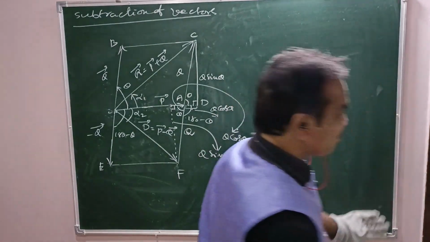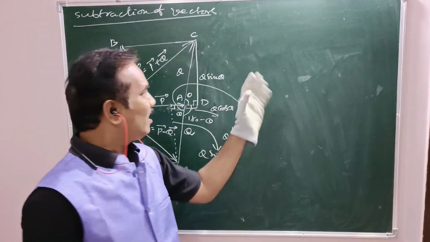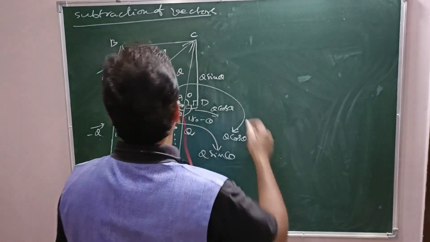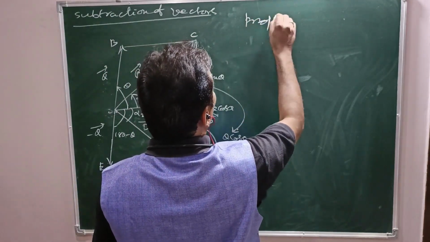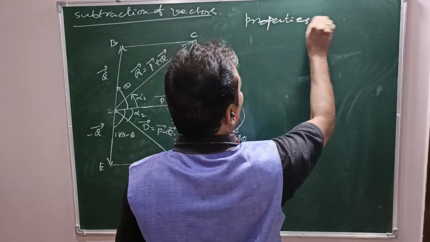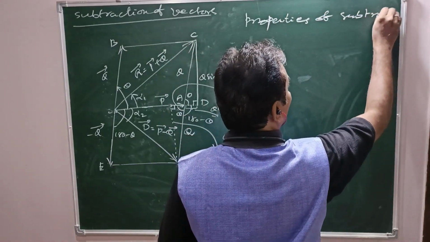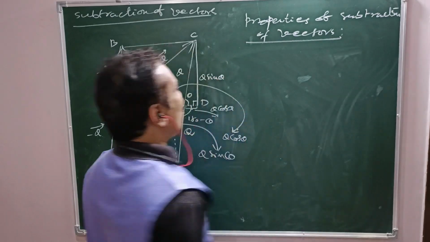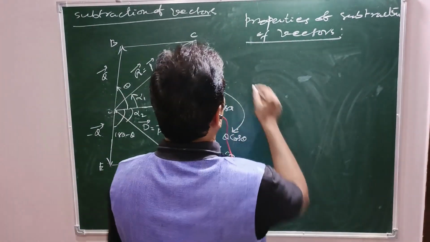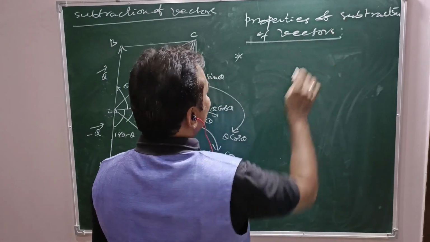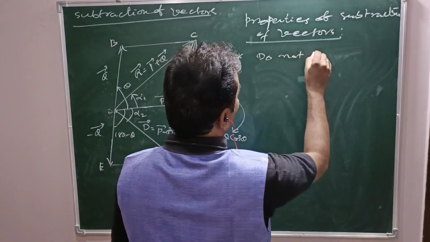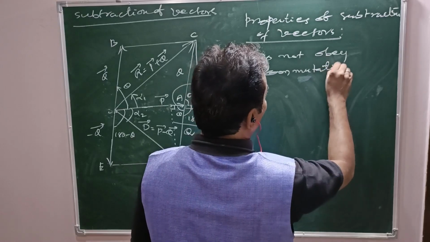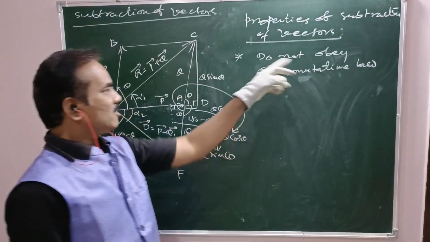As far as addition of vectors is concerned, addition obeys the commutative rule, but subtraction of vectors does not obey the commutative law.